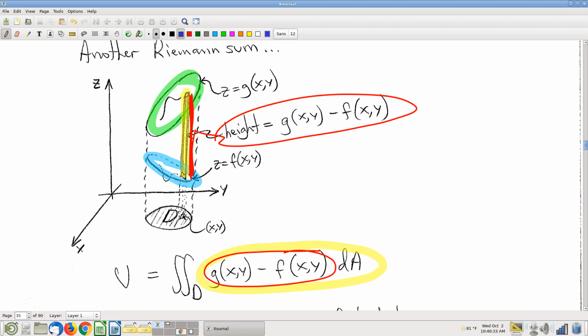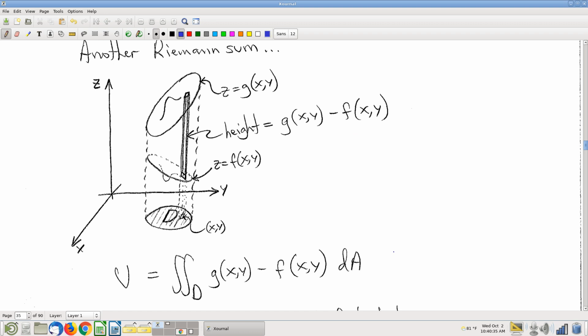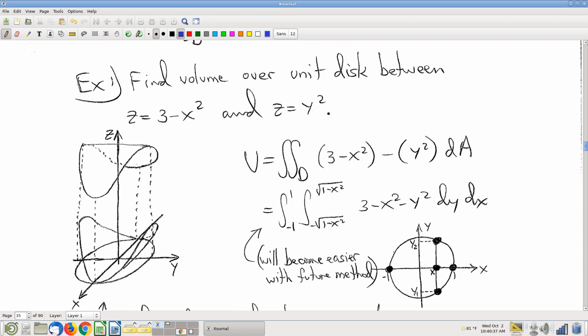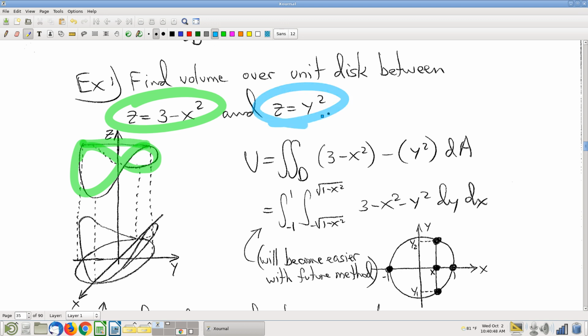Right. Okay, so here's an example. Suppose I want to find the volume that's between these two surfaces. Here's a couple of surfaces. We've got that one. And we've got this one. I want to find the volume between these two surfaces, the volume sitting over the unit disk.